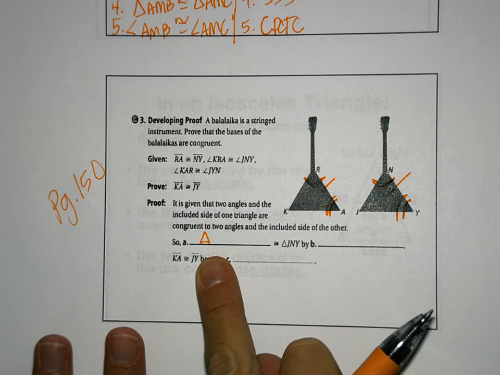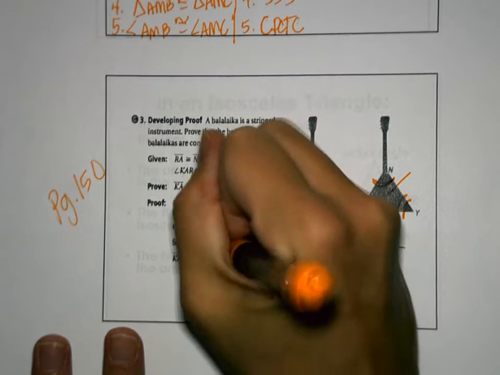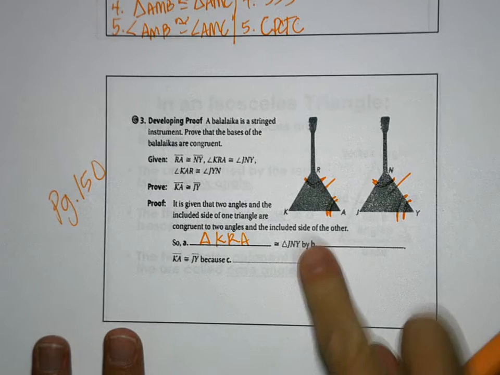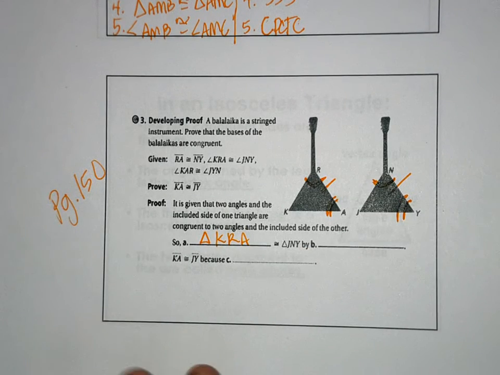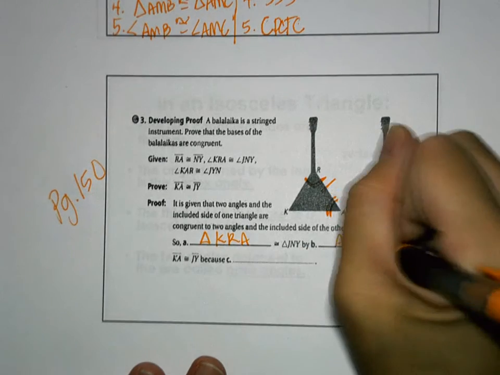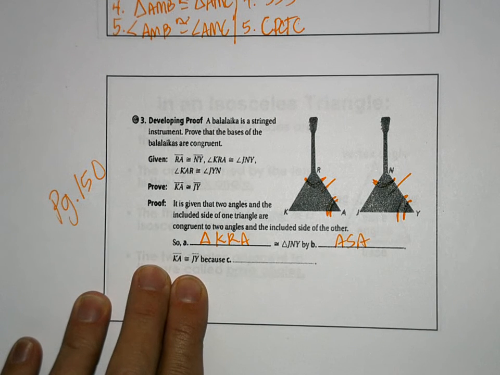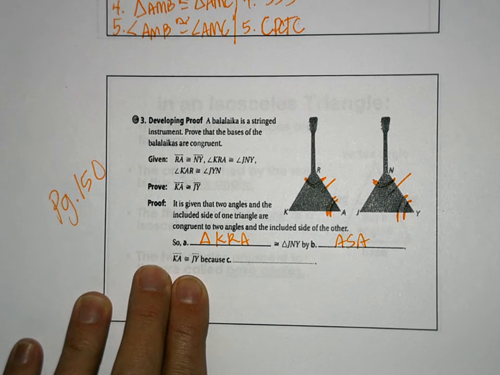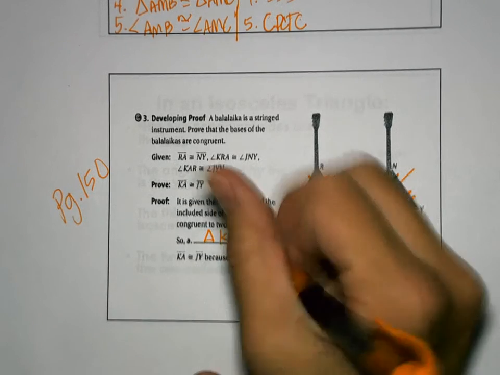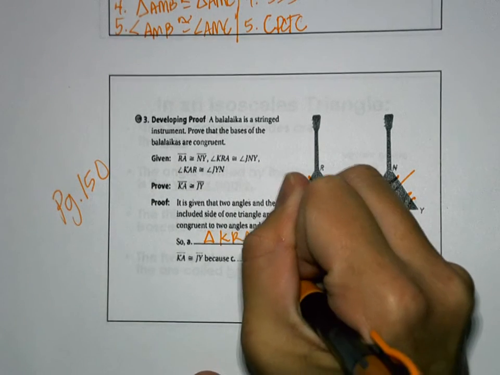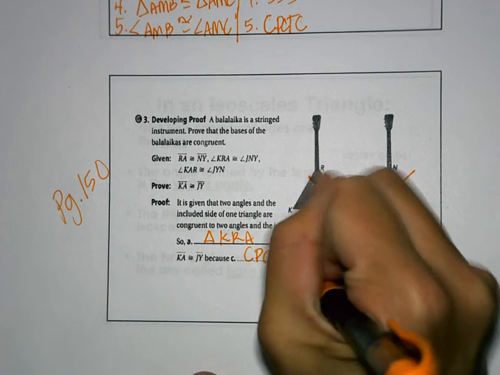KRA, good. KRA is congruent to that triangle by which method? Good, angle side angle. And then therefore we know that line KA is congruent to line JY because of what? Good, congruent parts of congruent triangles are congruent.